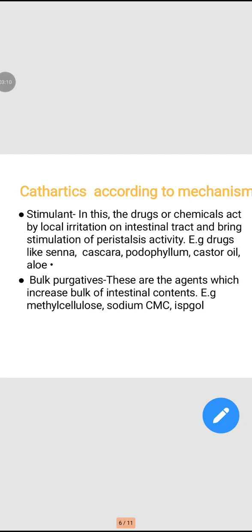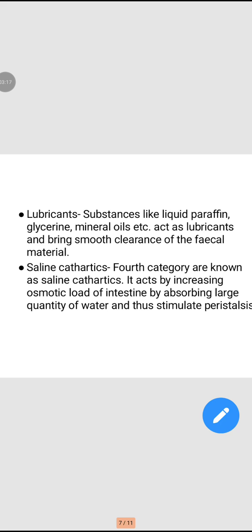Examples: methylcellulose, sodium CMC, etc. Then lubricants: substances like liquid paraffin, glycerin, mineral oil, etc. act as lubricants and bring smooth clearance of fecal material.